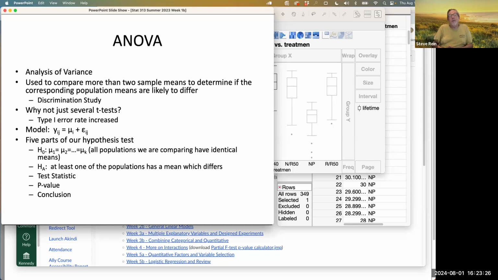So a question might come up: why not just do a whole bunch of t-tests? Because we have these 6 different diets that we feed these mice. Couldn't we compare diet 1 to diet 2, diet 1 to 3, diet 1 to 4, 1 to 5, 2 to 3, 2 to 4, 2 to 5, 3 to 4? Across 6 different diets, that's 15 separate t-tests I would need to do. And if I'm doing 15 separate t-tests, well, what is the type 1 error rate? Back in that earlier stat class you took, you discussed type 1 and type 2 error.